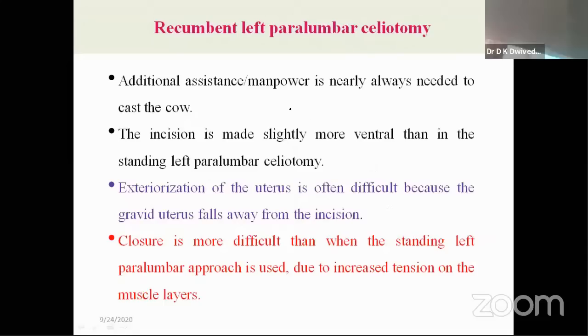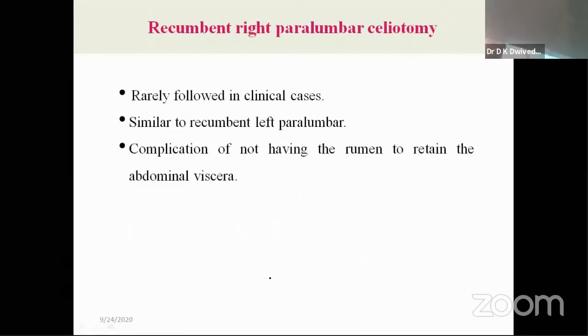So these are some contraindications, or some problems you may face if you follow this left paralumbar approach. Similarly, the recumbent right paralumbar ciliotomy approach is rarely followed in clinical cases, and is similar to the recumbent left paralumbar approach, with complications of not having the lumen to retain the abdominal viscera, as I told you in the previous slide.